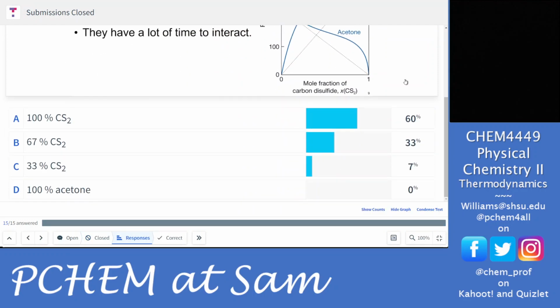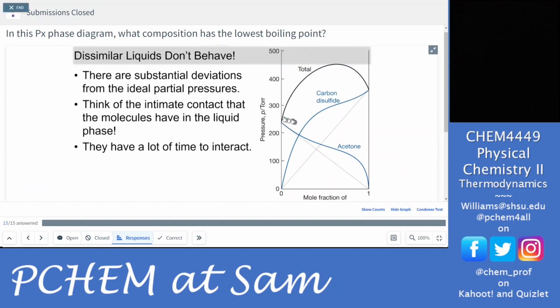Okay, let's see what the class thinks. All right, 100% CS2, 67% CS2. So nobody likes acetone. That's good. It's not acetone. Here's the vapor pressure of pure acetone over here where my mouse is. And this is the vapor pressure of pure carbon disulfide. So those are both endpoints.